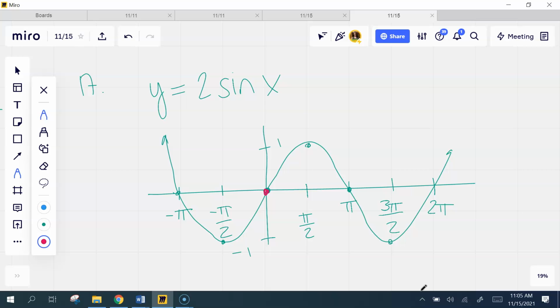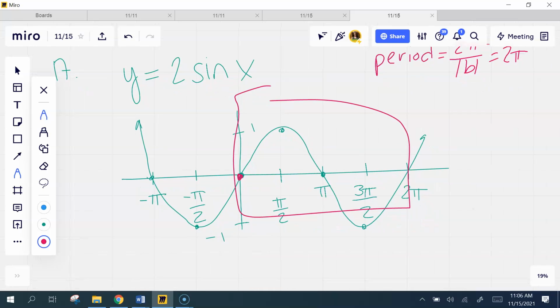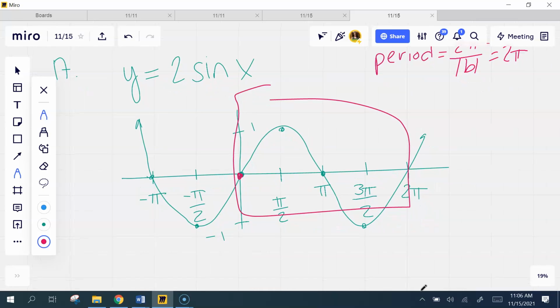And it says just one period, so I'm just going to include this portion because that's one period, right, out to 2 pi. If I calculate the period, remember period is 2 pi over b. So the period here is just 2 pi. So I'm going to go from 0 to 2 pi. Y'all okay there? This point becomes what? Y'all can do this. Pi over 2.